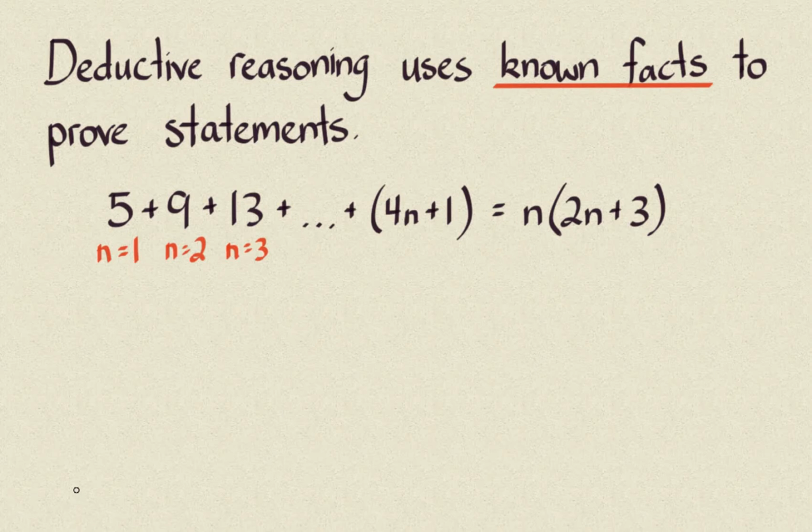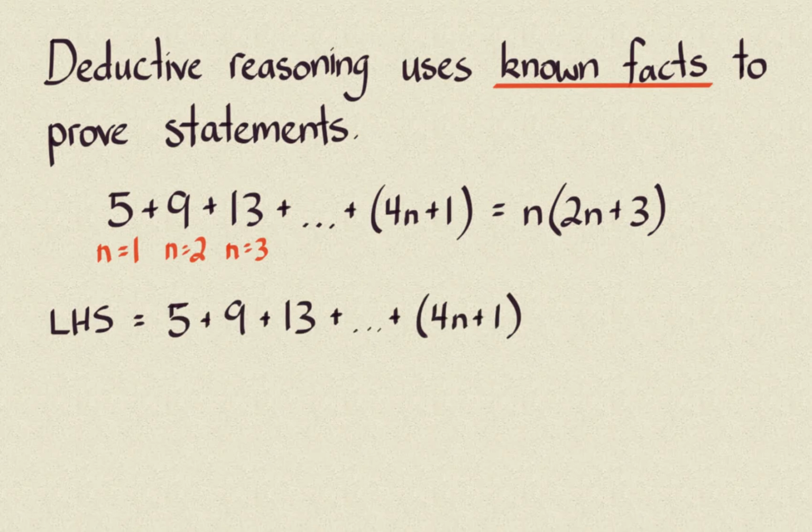So let's use some deductive reasoning to prove this statement is true. What we're going to do is start with the left-hand side, and as we have said, this left-hand side is an arithmetic series. And so in noting that, we can write down some things that we know about arithmetic series. So for this one in particular, the first term, a, is equal to 5, and the common difference is equal to 4.